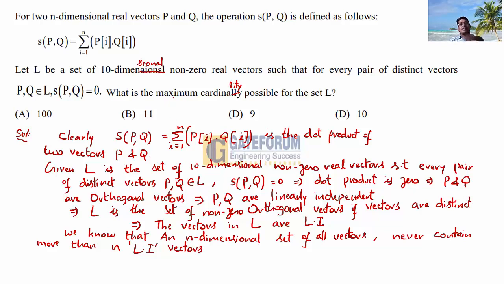So here L is a set of 10-dimensional non-zero real vectors, given. That doesn't mean that L contains only 10 vectors. It can contain many vectors, but each vector is 10-dimensional. And we proved all these.